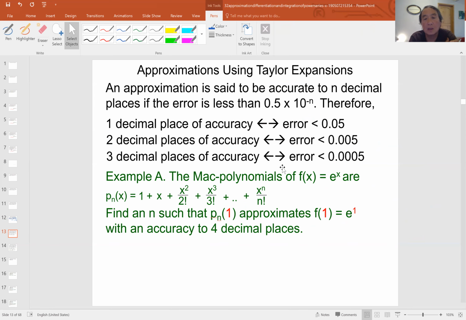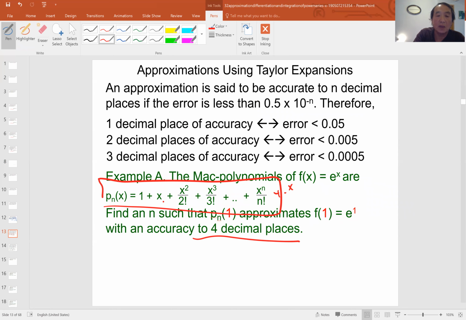Here's an example. Here's the Maclaurin series of e to the x, and we're going to plug in the number 1 for x to find out what e to the first power is. We want to make sure that the answer you get from the polynomial is within 0.00005. If I keep adding these terms, first let me plug in 1, so the next one is 1 over (m plus 1)!.